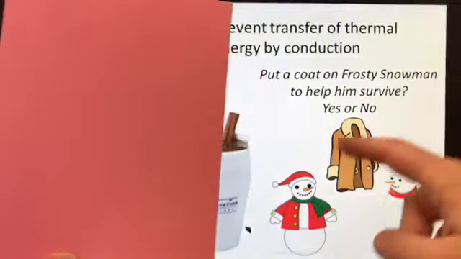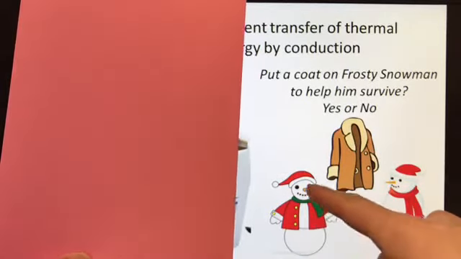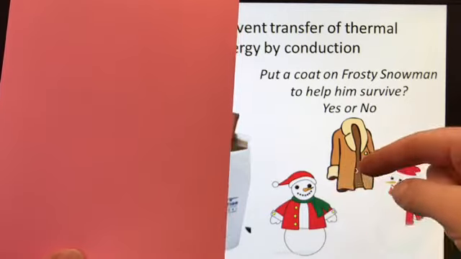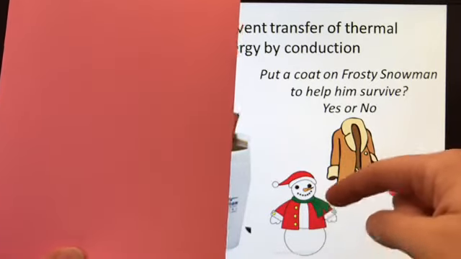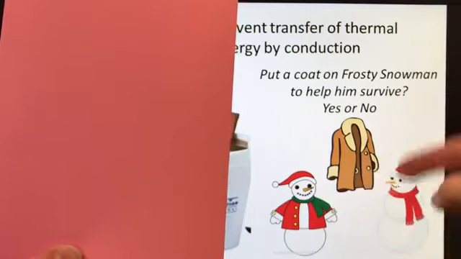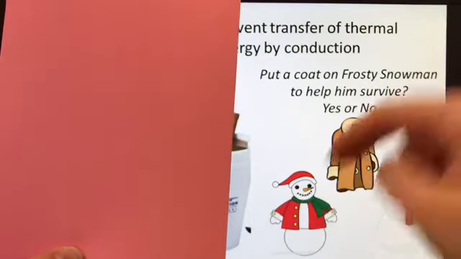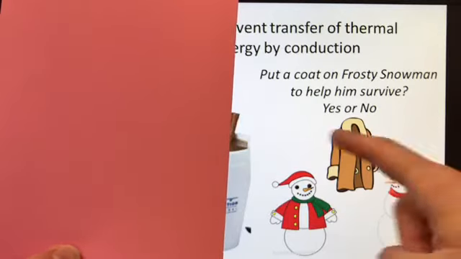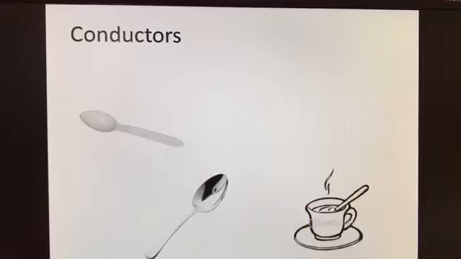Well, the coat on Frosty actually helps keep the cold in and prevents the heat from getting into him. So it keeps the heat out and the cold in, so if you put a coat on Frosty, he'll last longer. This guy's going to melt first, this guy's going to melt last.